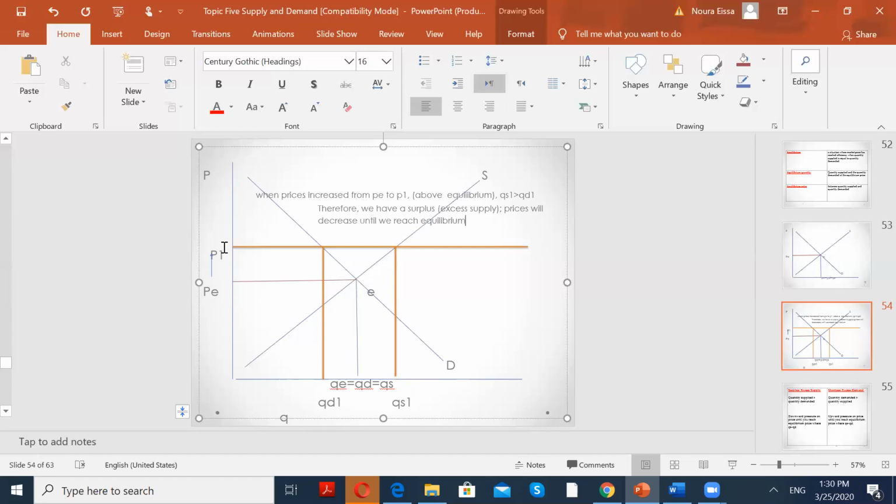Therefore, this is a movement and not a shift.